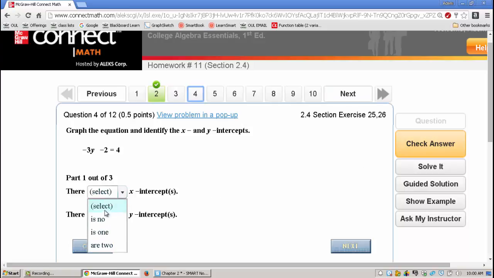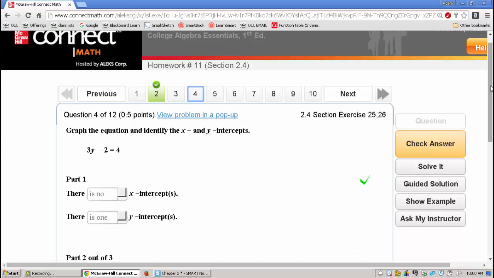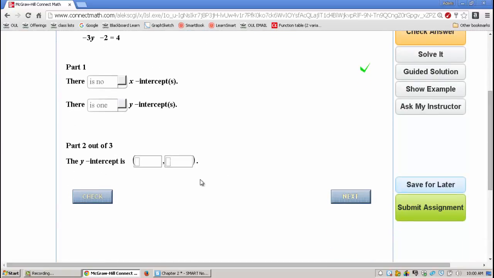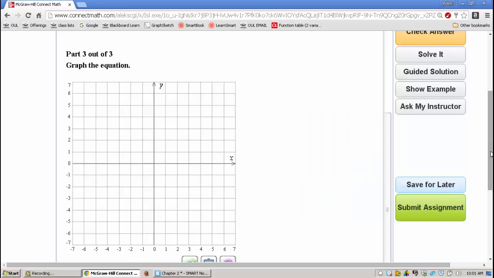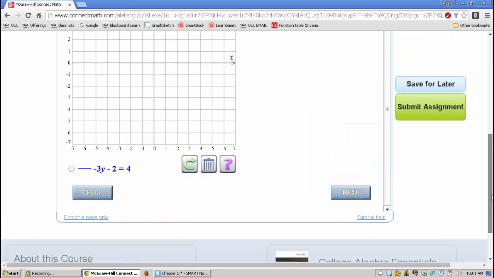We have how many x-intercepts? None. 1 y-intercept, and that y-intercept was 0, -2, and the graph is just a horizontal line.